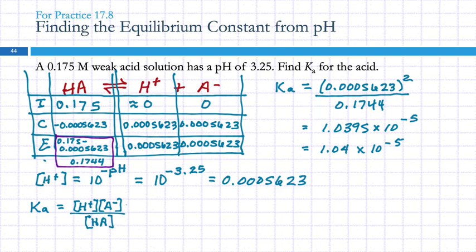Yeah. 1.9 rounds to 1.8 times 10 to the minus 6. And yeah, Ka doesn't have any units. Still bugs me. What did I do wrong? Yesterday I forgot to square the numerator, so that was a problem.